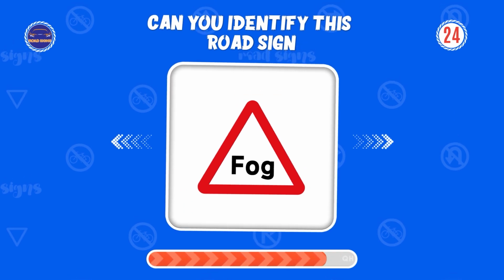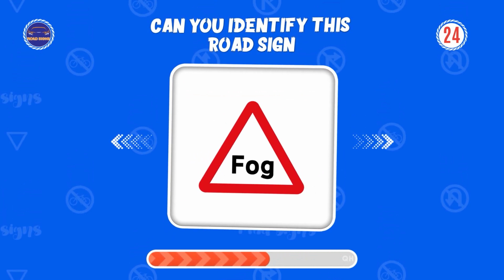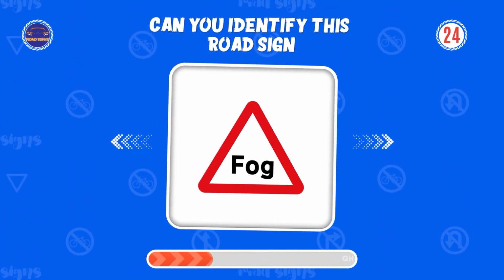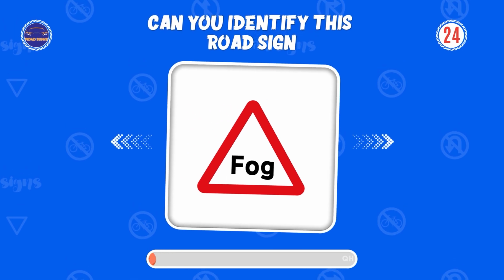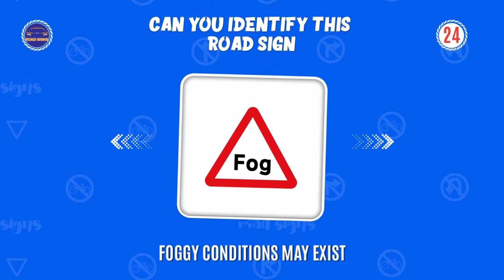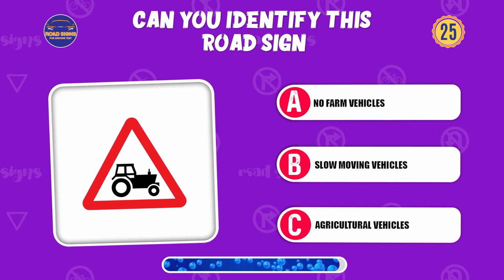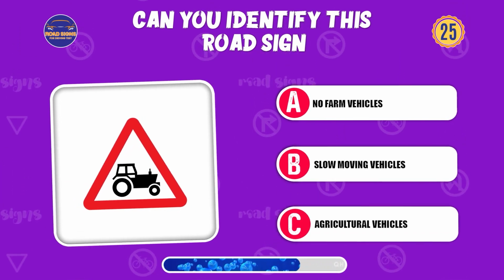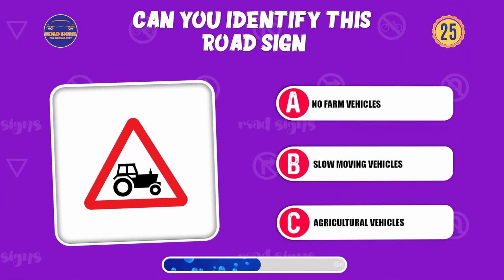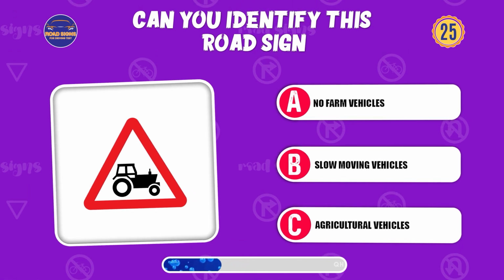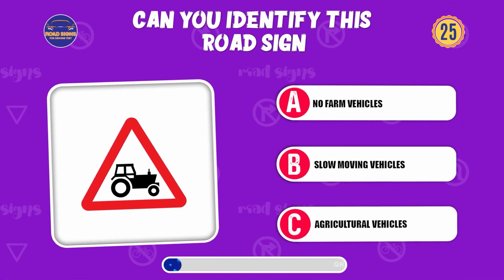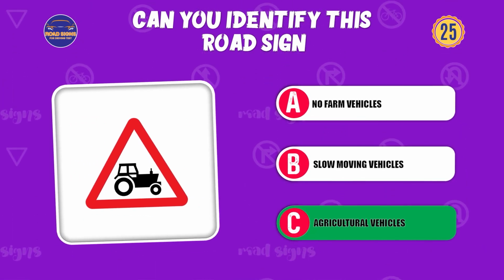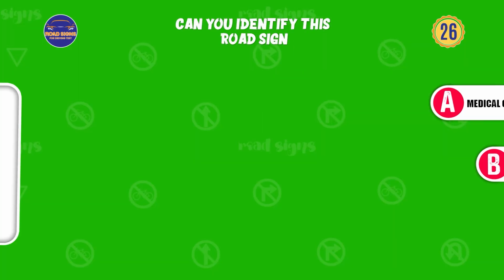What conditions might drivers face according to this sign? Foggy conditions may exist. What type of vehicle does this sign refer to? C. Agricultural vehicles.